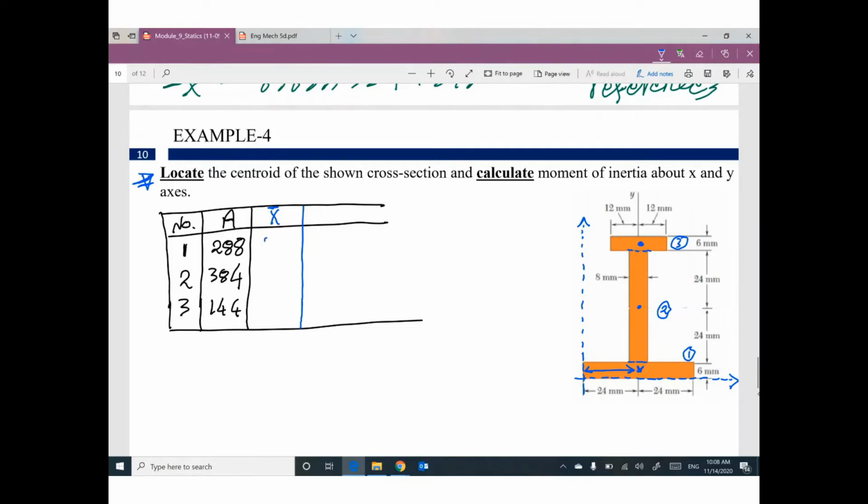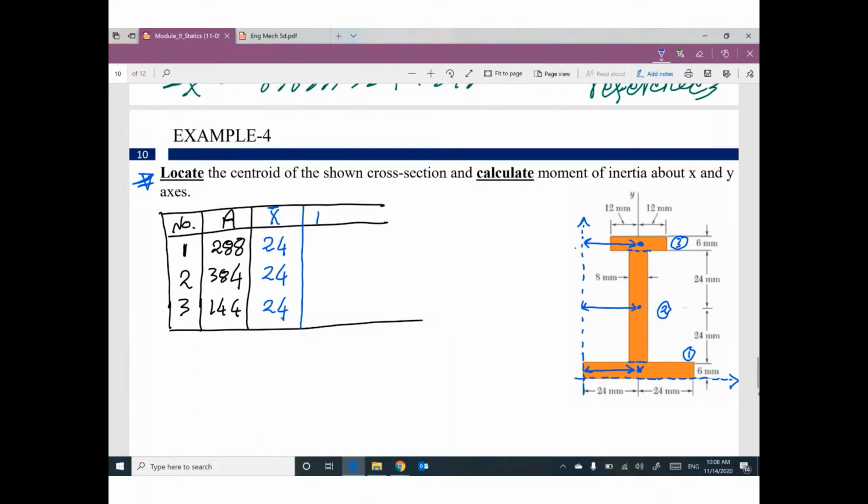It will be 24. Part number 2, what is the horizontal distance of the centroid of this part and the vertical reference? 24. Part number 3, what is the horizontal distance between the centroid of this part and the vertical reference? 24.